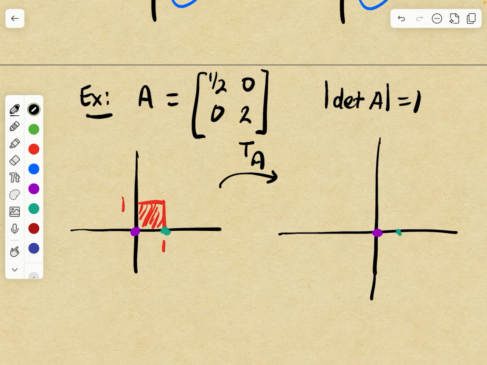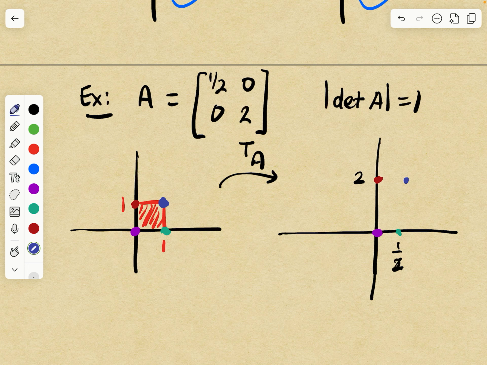Right? And we'll go to 1/2, 0. And where will 0, 1 go? It will go to 0, 2. And this last vertex, 1, 1, is going to go to 1/2, 2.